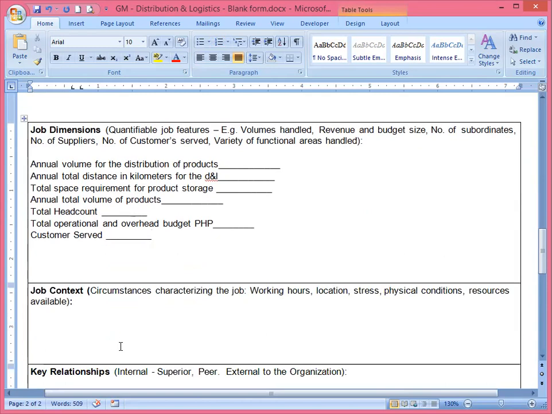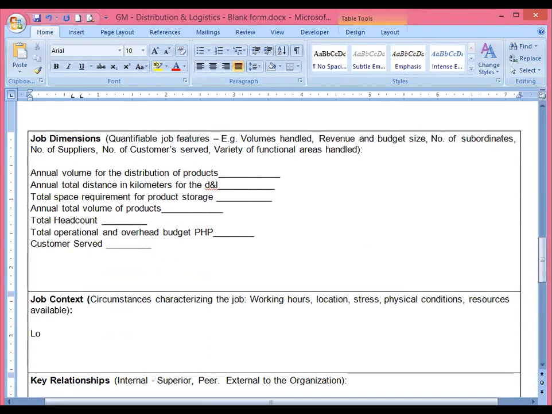The next is the job context. In the job context, you'll just say maybe location, because here are circumstances characterizing the job in terms of working hours, location, stress, physical conditions, and resources available. So location is one of them.